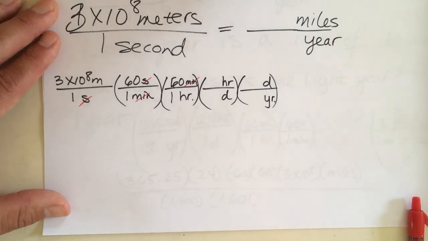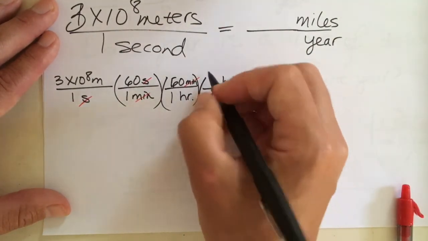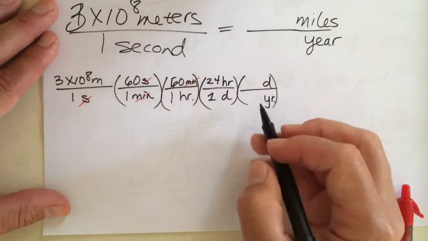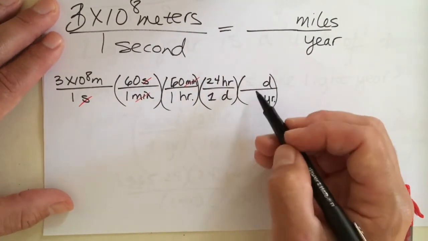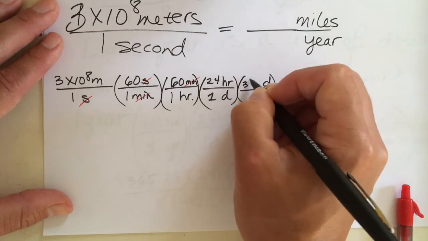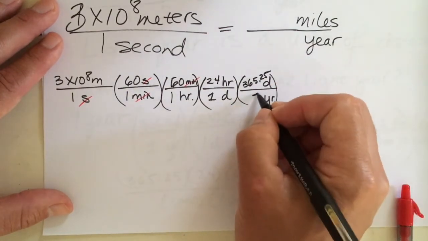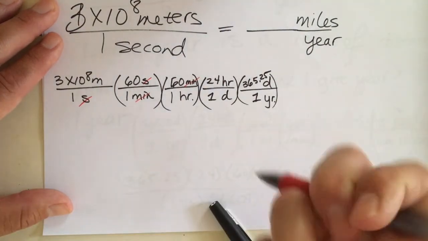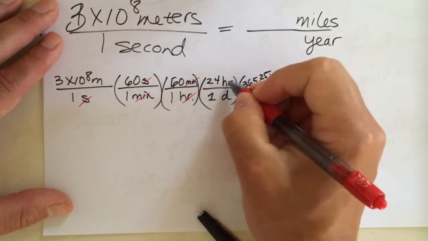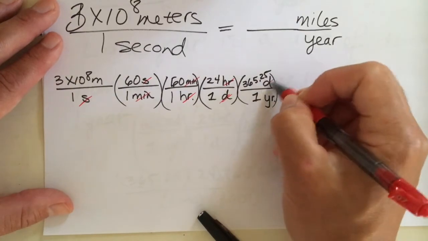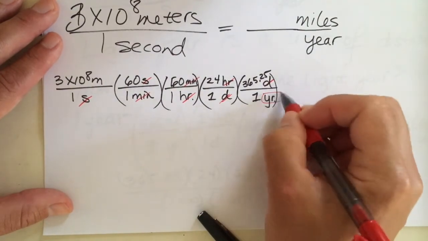All right, and so let's go ahead and plug the numbers in. 1 day, 24 hours. 365.25 days is 1 year. And you can see I can cancel now: hours on top and bottom, days on top and bottom, and I'm left with years on bottom.